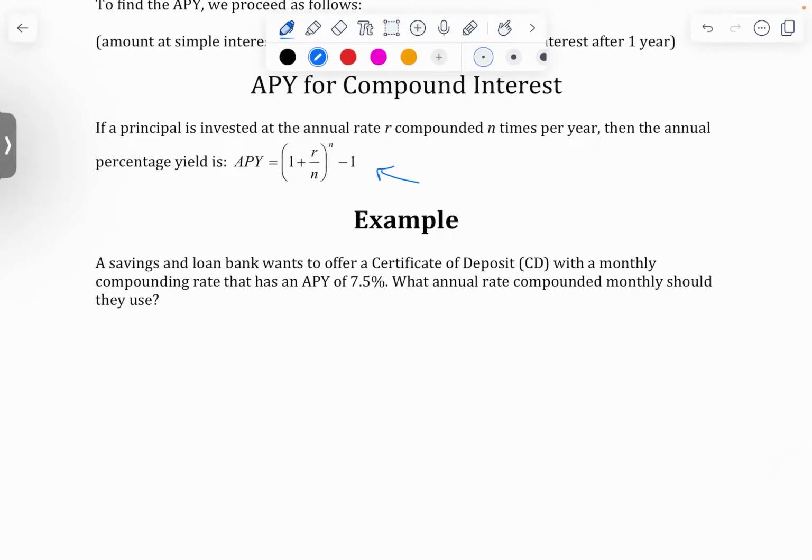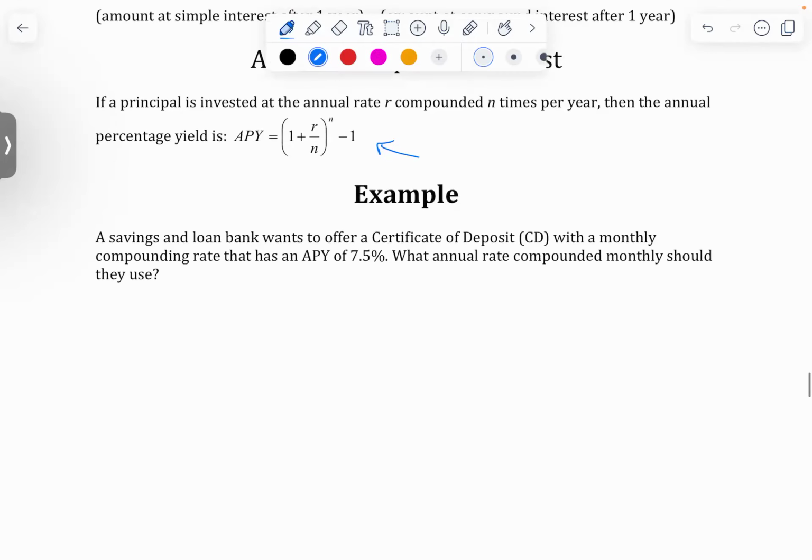So, a savings and loan bank wants to offer a CD with monthly compounding that has an APY of 7.5%. What annual rate compounded monthly should they use? And notice we don't need that much. So it says a 7.5 APY.